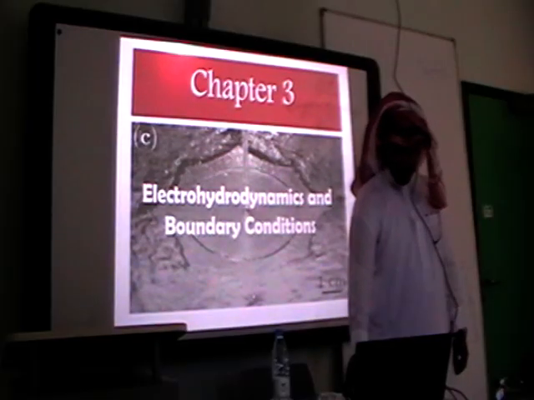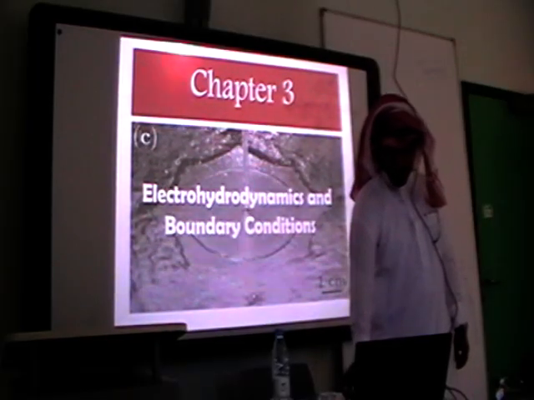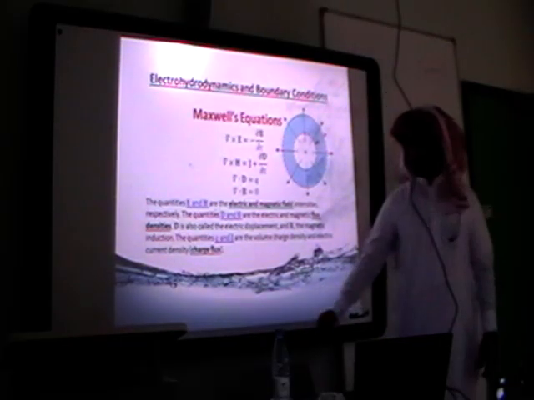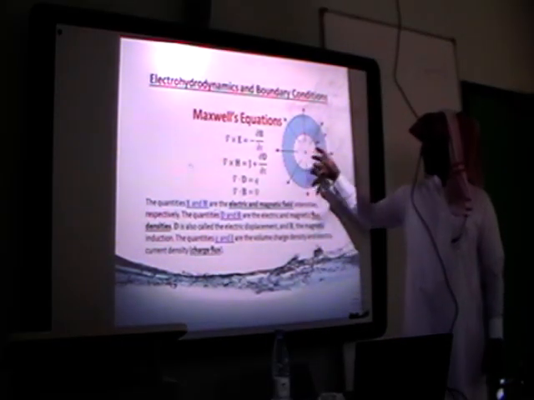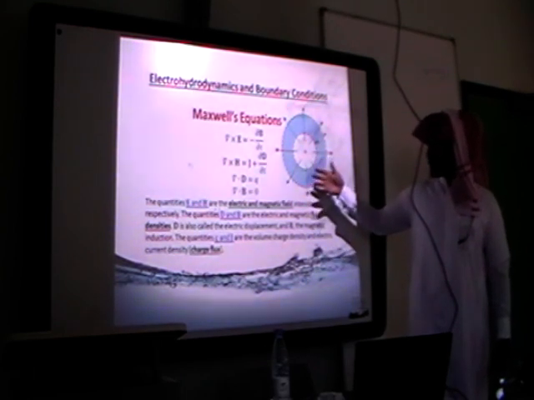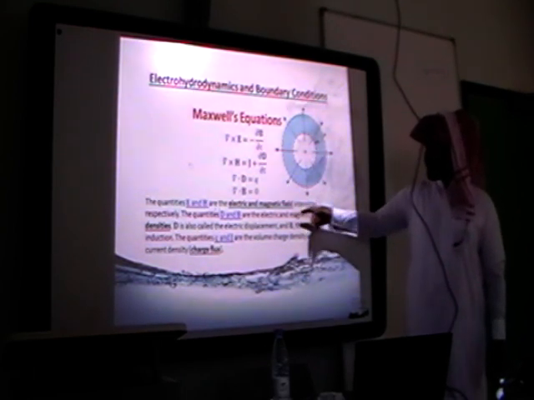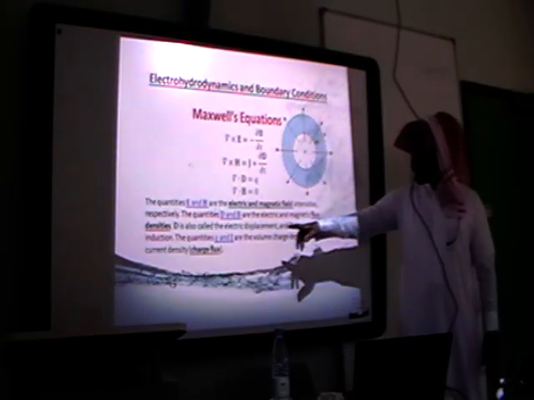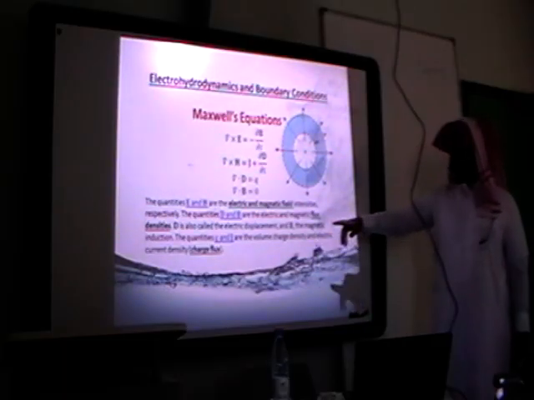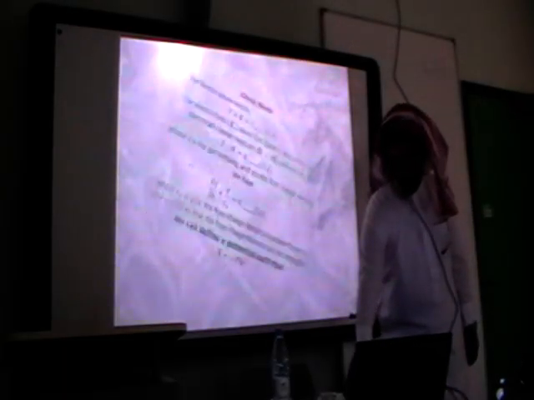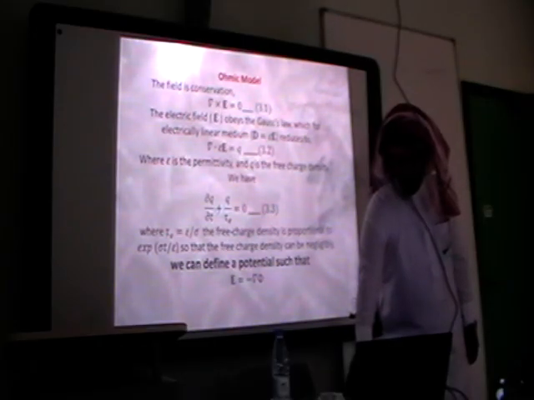Chapter 3, electrohydrodynamics and boundary conditions. Electrohydrodynamics is based on the Maxwell equations, where E is the electric field and H is the magnetic field, D and B are flux densities, and Q and J are the charge and current flux.